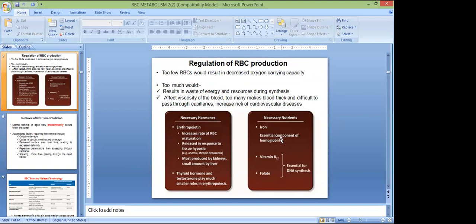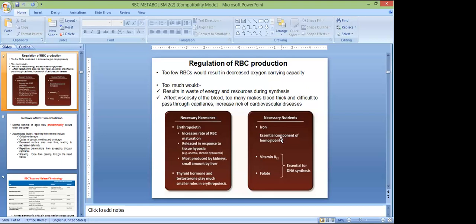Then a stimulus for RBC formation is erythropoietin. I hope we can recall that. Now the question comes, what's the stimulus for erythropoietin? It's just a matter of oxygen. If oxygen in your body is low, erythropoietin is produced primarily from the kidney, but a bit from the liver.